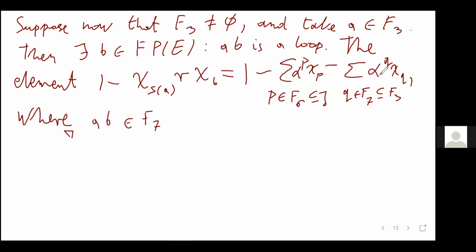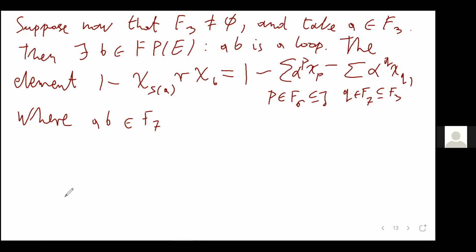So this loop will be in F7. This is non-empty, therefore. Maybe everything else dies. Maybe you have many more elements, but I definitely have AB as an element of F7.